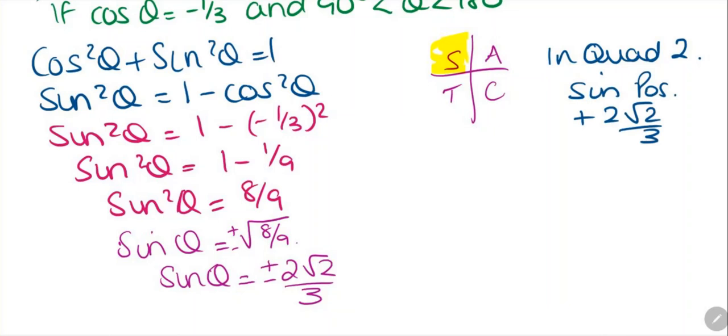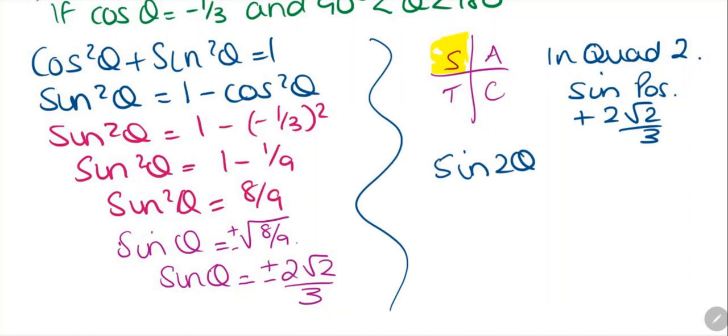So now we need to find sine 2 theta. This is going to be 2 sine theta cosine theta.